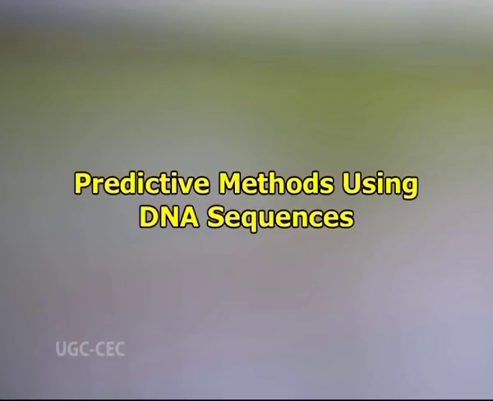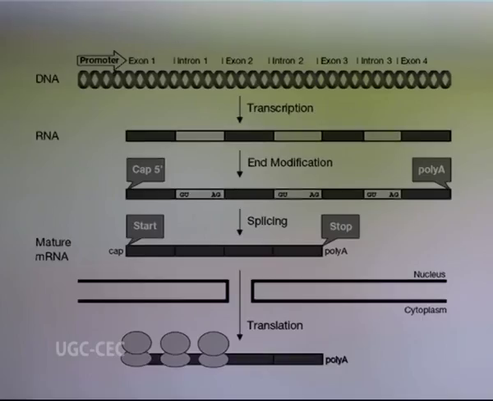We will now learn predictive methods using DNA sequences. At the DNA level, upstream of a given gene, there are promoters and other regulatory elements that control the transcription of that gene.